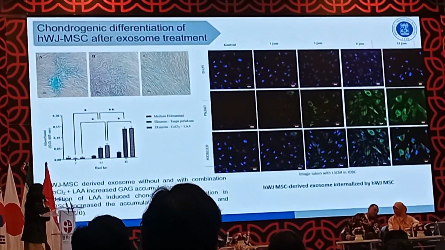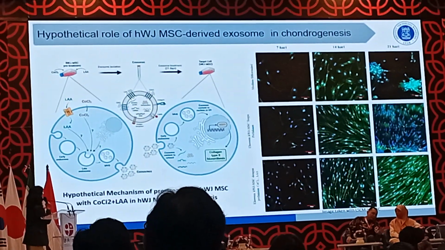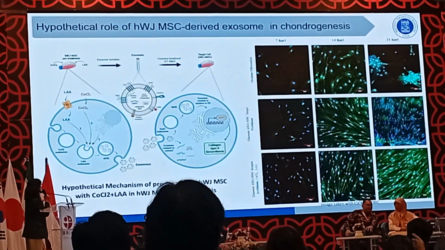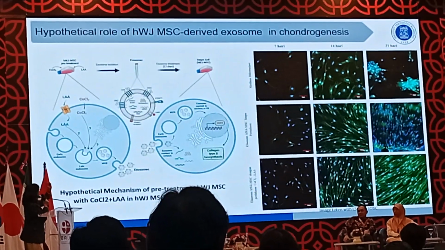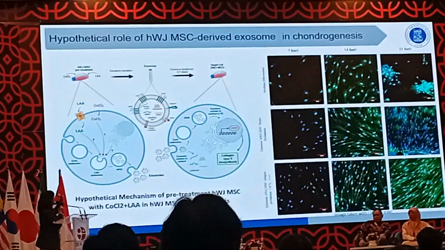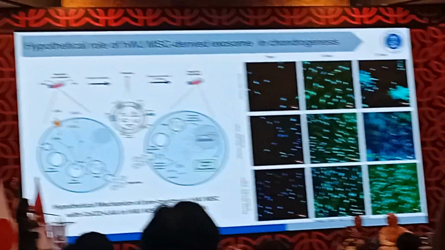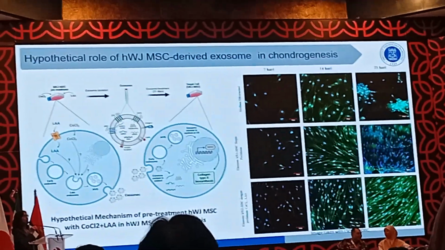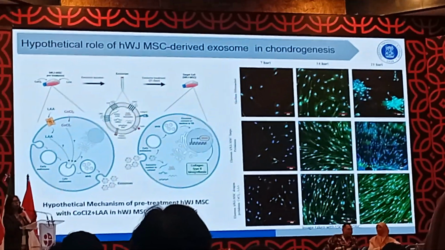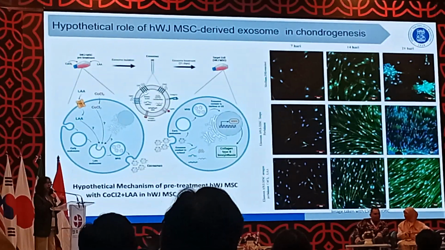So the next slide, please. So this is our hypothetical diagram. Yeah, of course, comparing with the positive control, we can see on the top right side, it is the chondrogenesis medium, full of growth factors, which is very expensive.